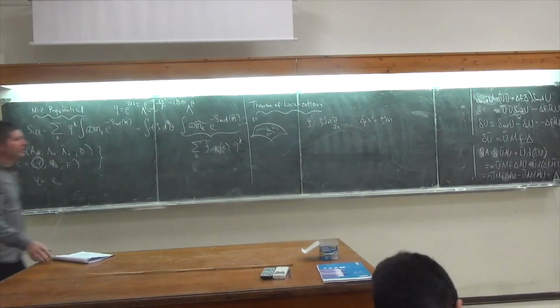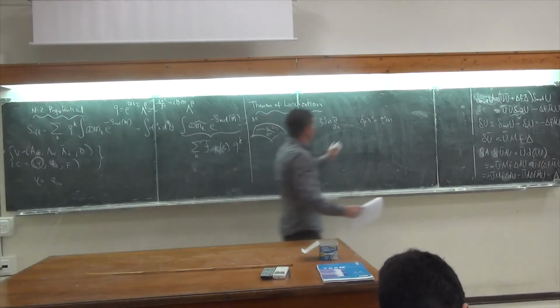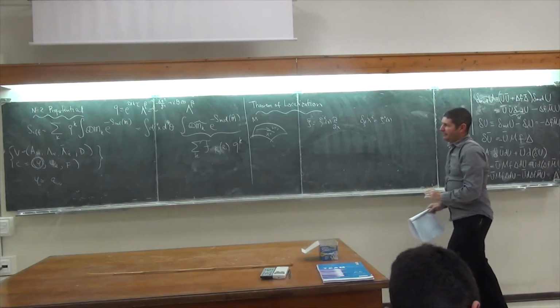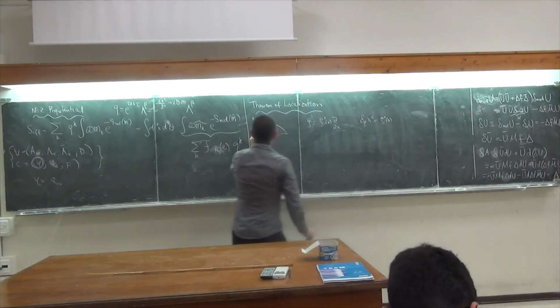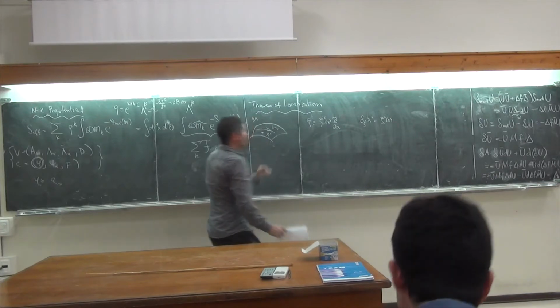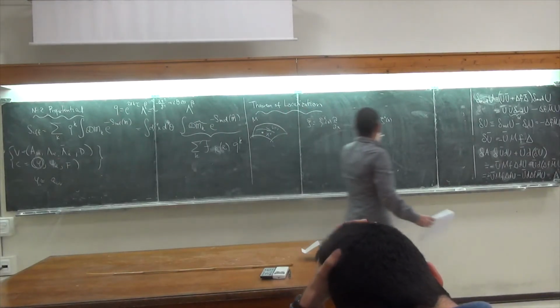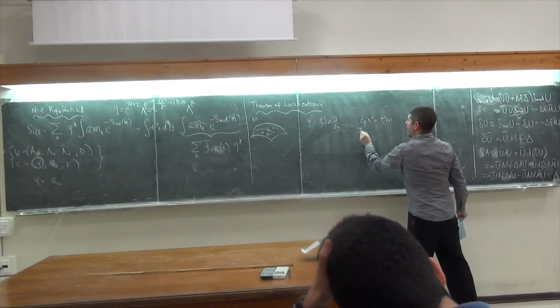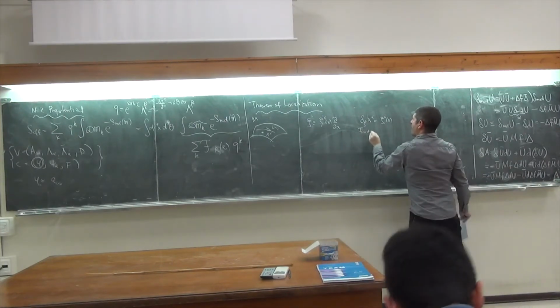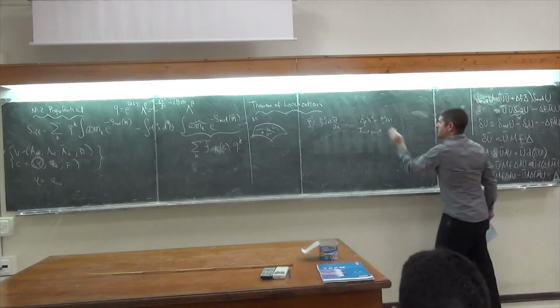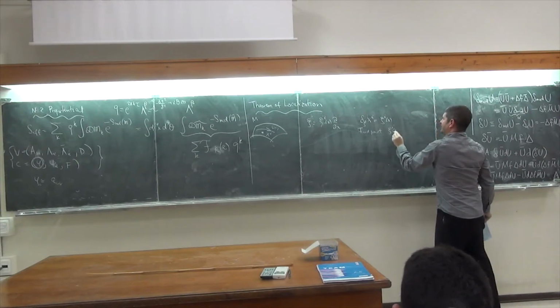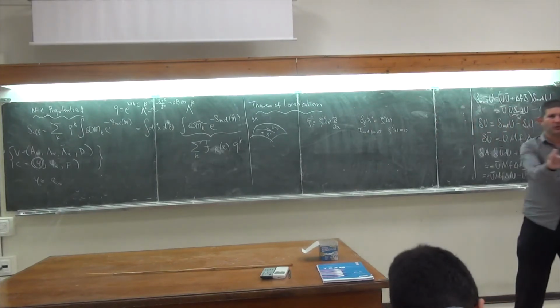But let's restrict to actions of a particular kind, where there are fixed points. Imagine that there is a point here that will not move. I call a fixed point a point where psi^i(x) is equal to 0. This means a point which is fixed.